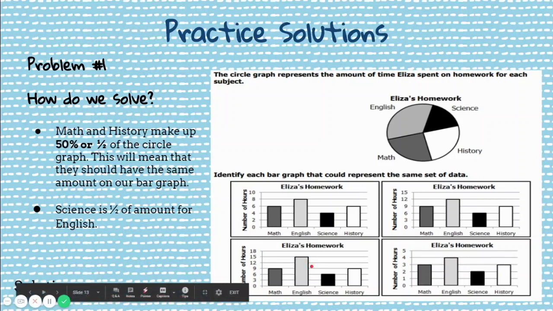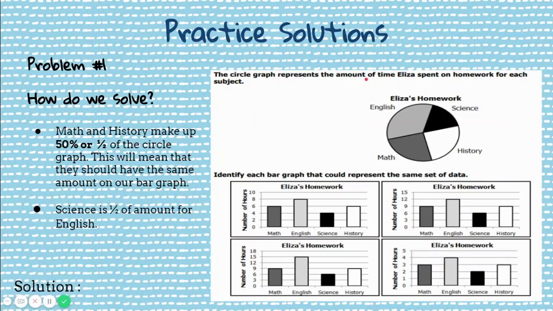I'm sorry, 15 is not double the amount of 6. And in this last option, science is 2 hours and English is 4 hours. That is double the amount. So let's do process of elimination. Which options would you all choose? This is a correct option. This is a correct option. And this is a correct option.